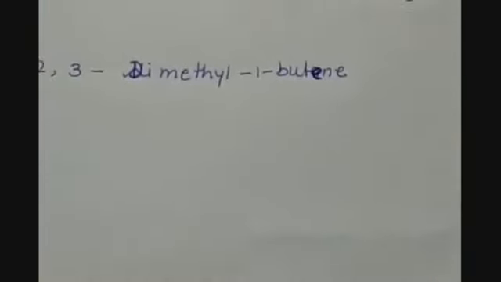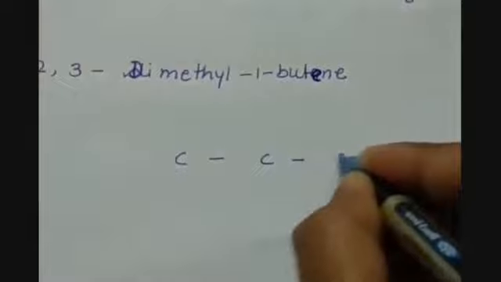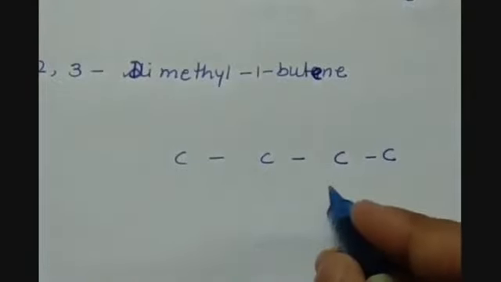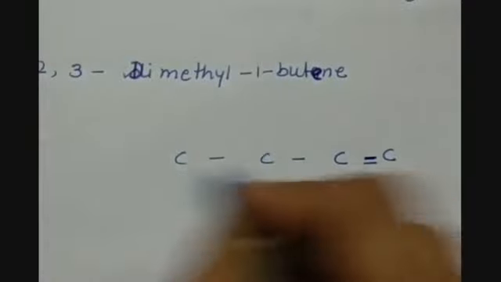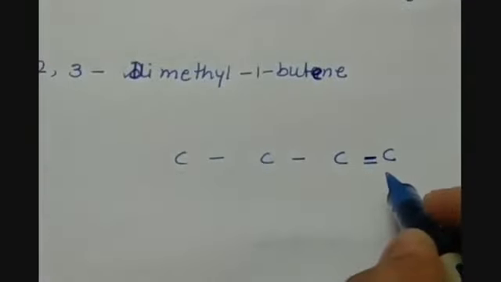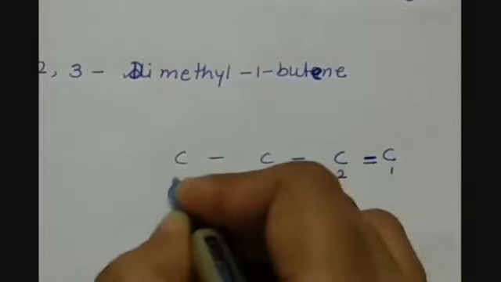Now let us move on to the second part, which is 2,3-dimethyl-1-butene. So it is a butene, so we have to take 4 carbon atoms. Then at first position we have a double bond. So on either side you can start. And if I am numbering it starting from here, then this is 1, 2, 3 and 4.